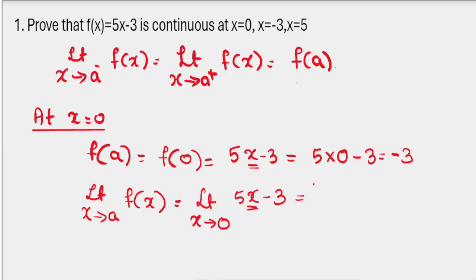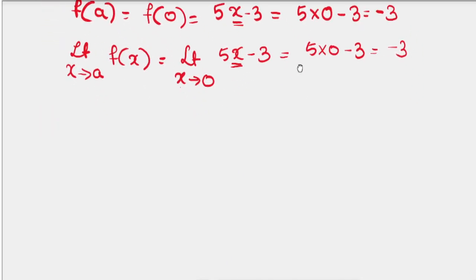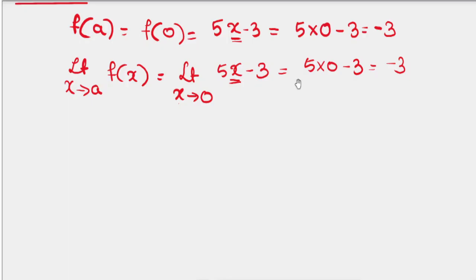Therefore we can put x as 0. 5 times 0 minus 3, which is equal to minus 3. Now we get f of a equals limit x tends to a f of x equals minus 3.